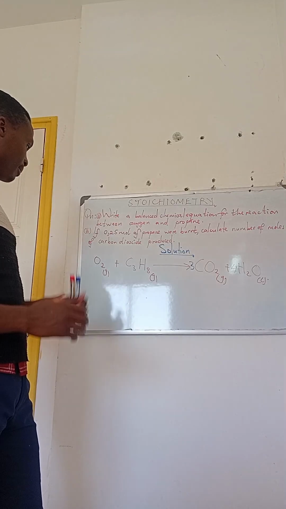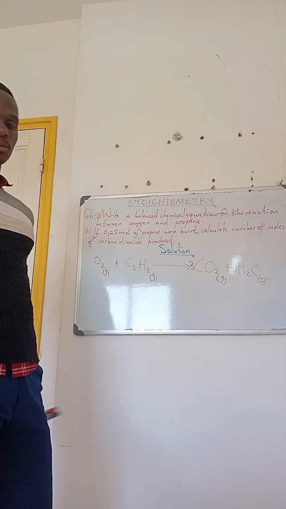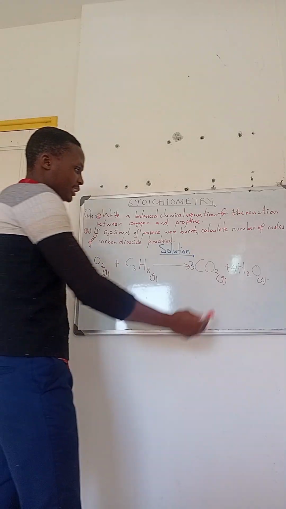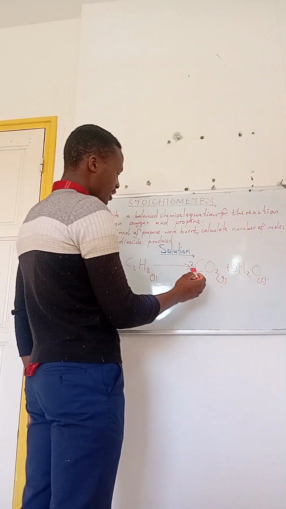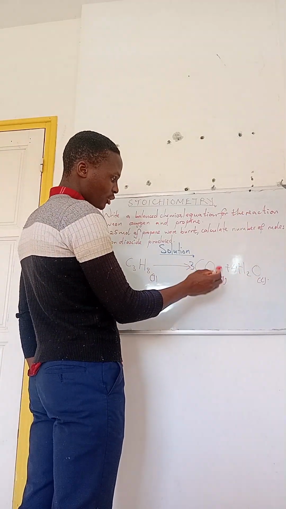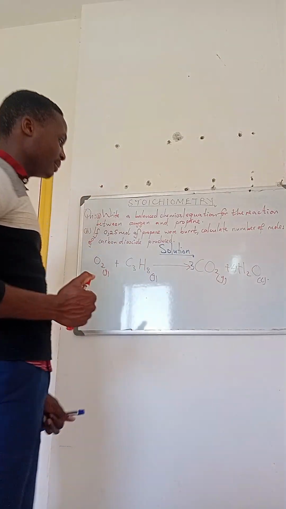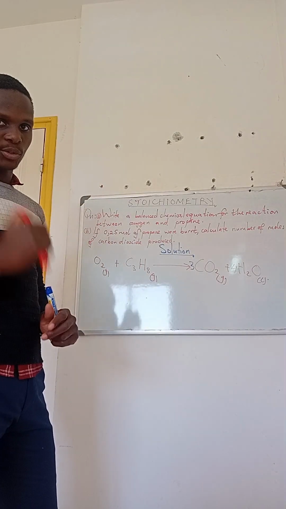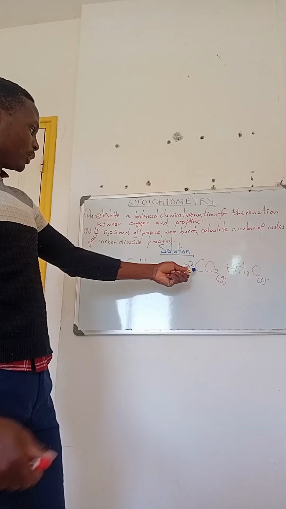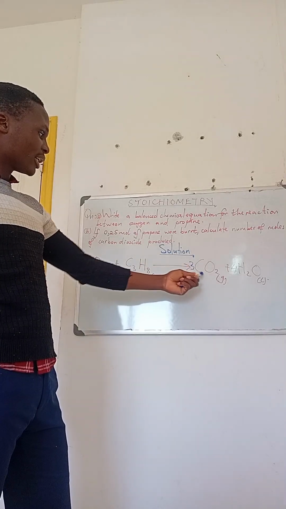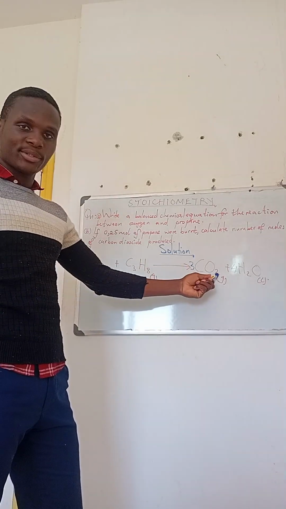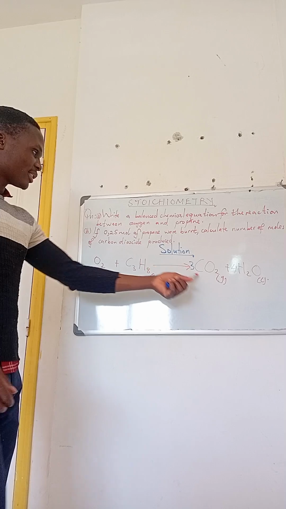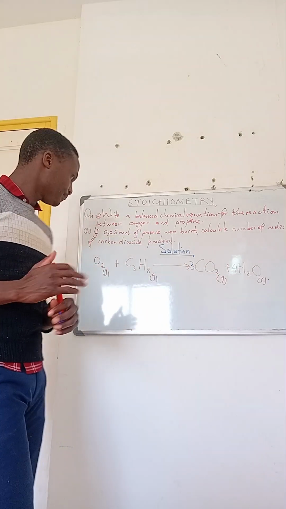The remaining ones are the atoms of oxygen. On the right hand side, we have got 4 plus 3 times 2, because in each carbon dioxide molecule there are 2 atoms of oxygen. So in 3 molecules of carbon dioxide, there will be 3 times 2, which is 6. So 6 plus 4 is 10.